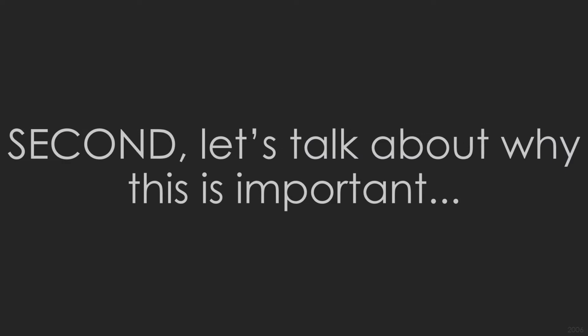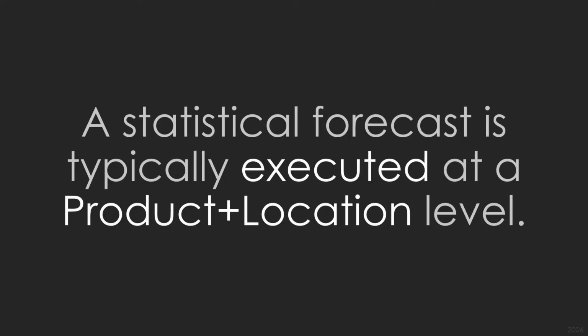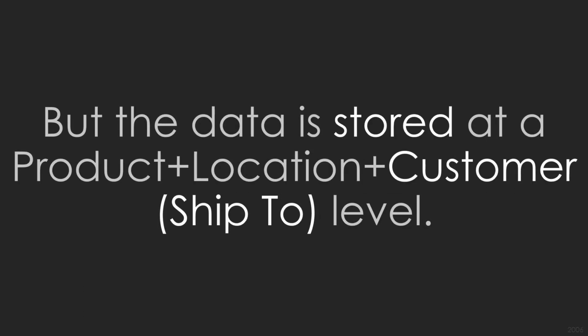Second, let's talk about why this is important. A statistical forecast is typically executed at a product location level. But the data is stored at the product location customer ship to level.